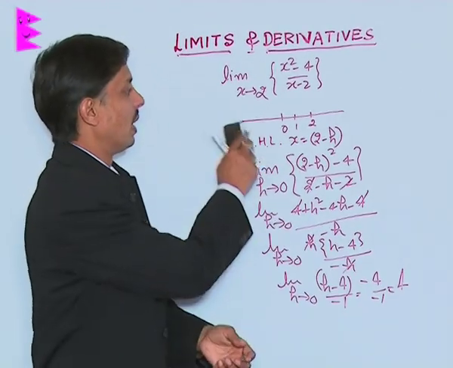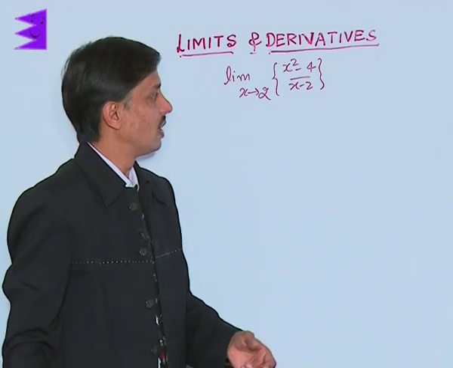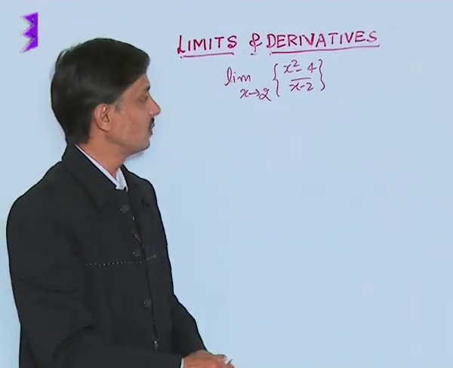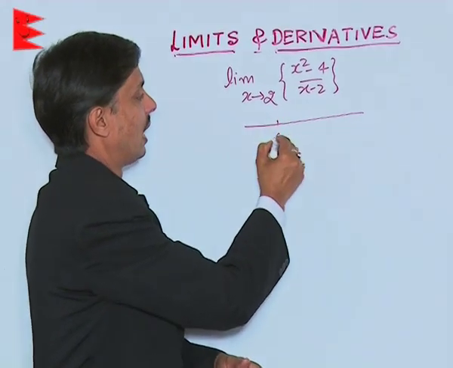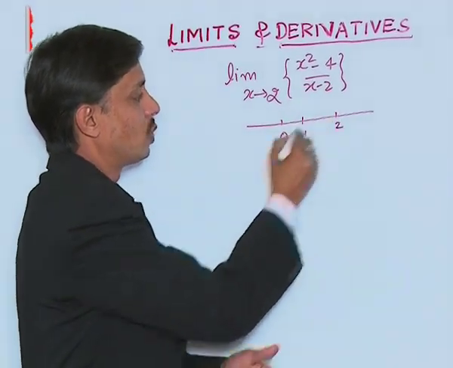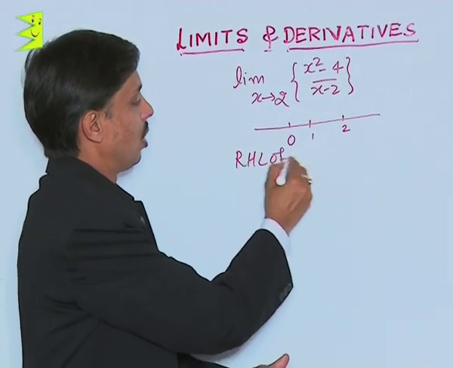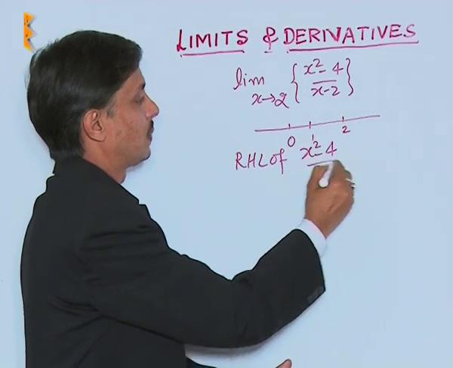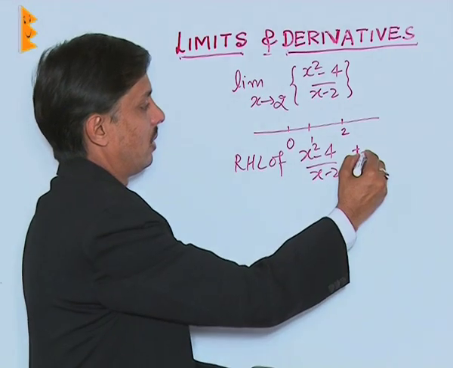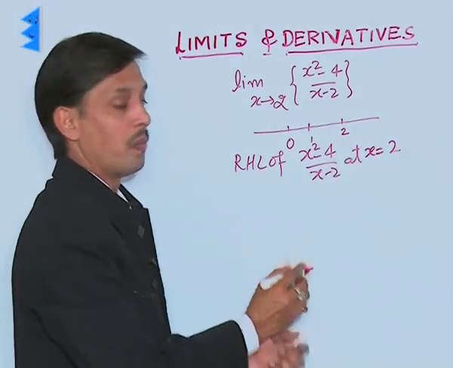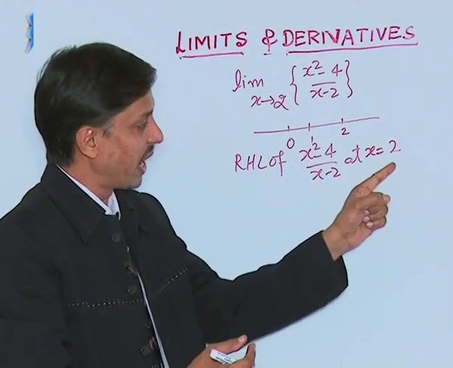4. Similarly, if I want to tell you what its right hand limit is, in order to understand the right hand limit, we can take the help of the number line. This is 1, this is 2. Right hand limit means RHL of x square minus 4 upon x minus 2, at x equals 2, meaning we will put a bit more than 2.